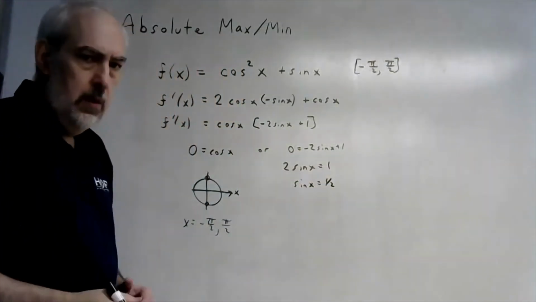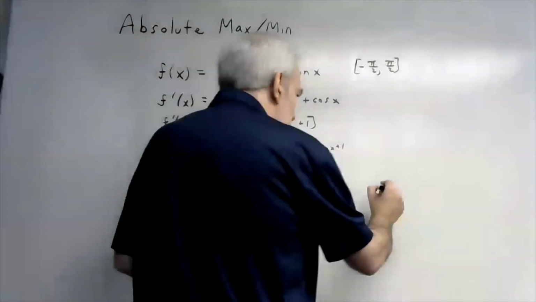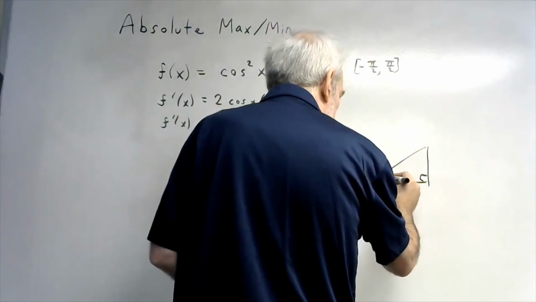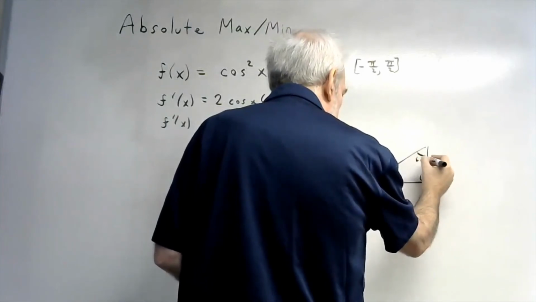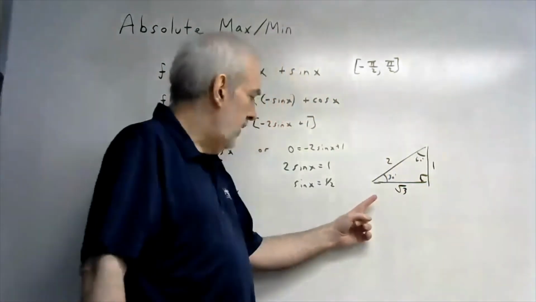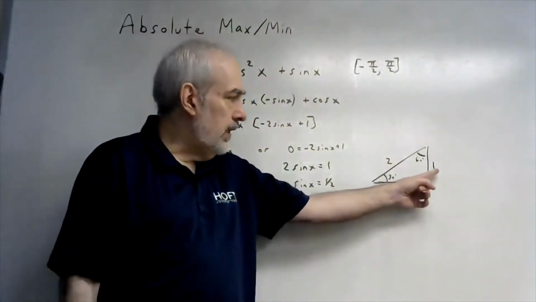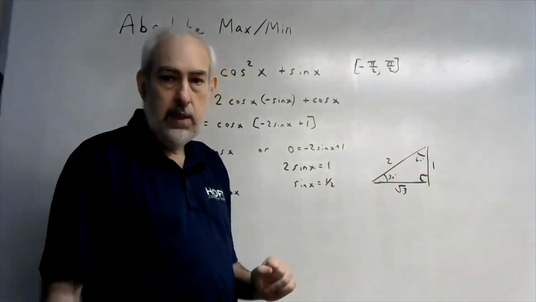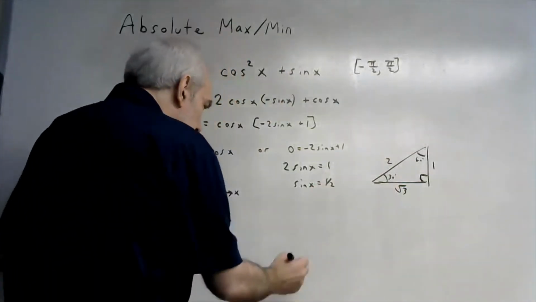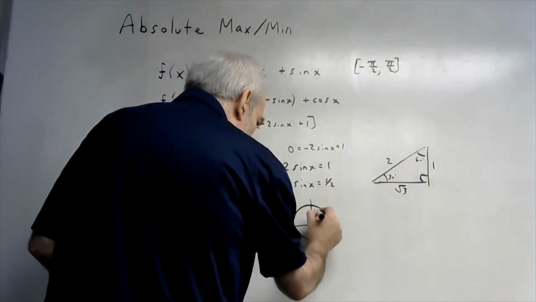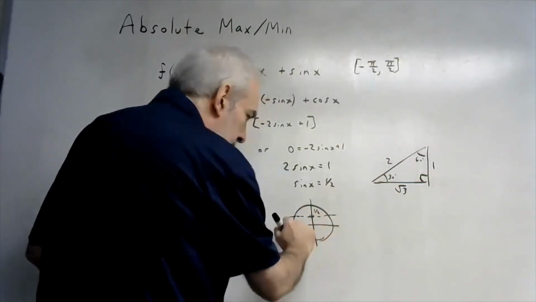Okay? Well, I remember from memorizing my 30, 60, 90 degree right triangle that sine of 30 degrees is 1/2. So one answer is 30 degrees. Now also on the unit circle, it's when your y coordinate equals 1/2.